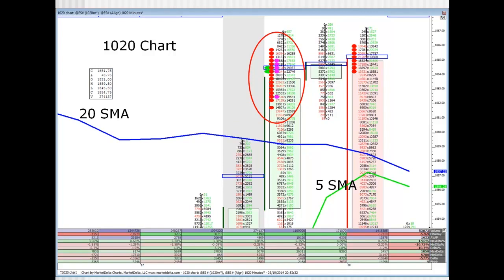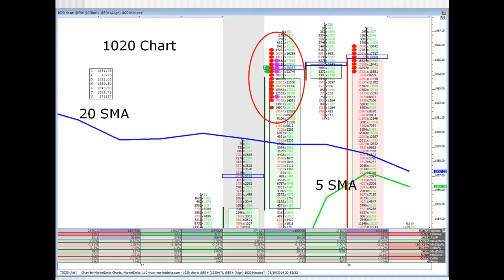Now, the red dot tells us that these levels had cumulative total traded volume at them that actually exceeded 20,000 contracts. So that's our red, and then the magenta tells us that it exceeded 50,000 contracts.